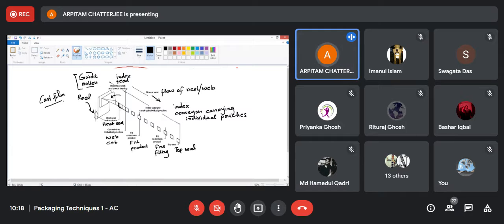This portion is already a solid part; we don't need a join over there. Then as it goes forward, after a certain gap, another heat sealing happens. So basically you get a pouch like this.